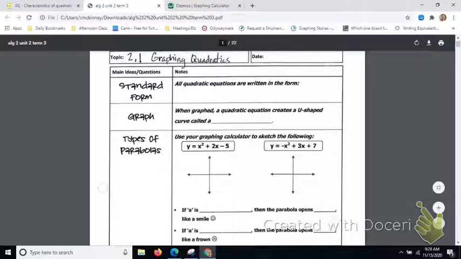And quadratics have the highest power. They're going to have a power of 2, or an exponent of 2. All right? So when I see quadratics, I know that.